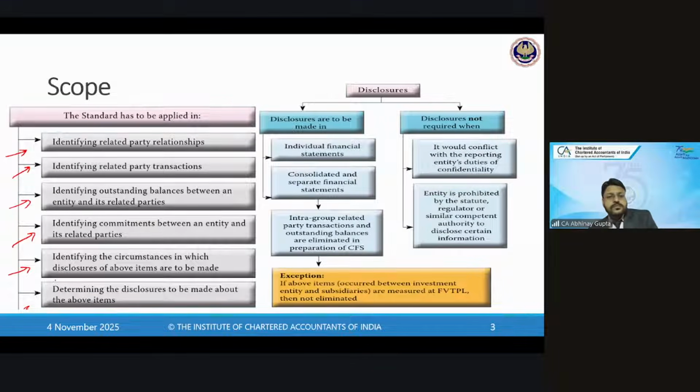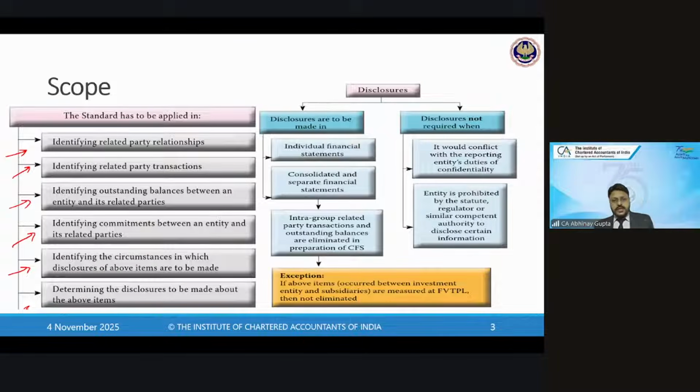Now, we will identify who the reporting entity is, right? Then for the reporting entity, which parties are the related parties, what the transactions are, what the balances are, and if there are any commitments, right? So all this information once gathered, we will structure in a particular format and manner and present in our financial statements. And all the disclosures which are required by this standard are to be met, right?